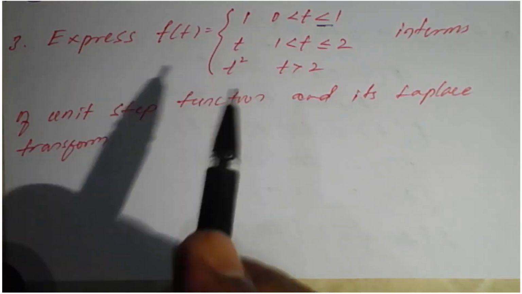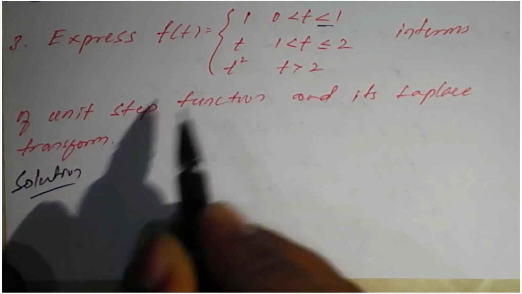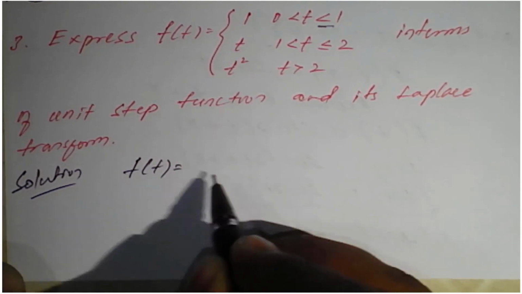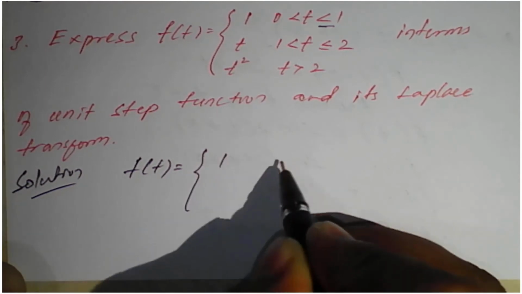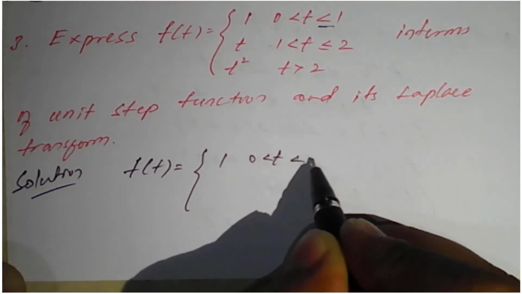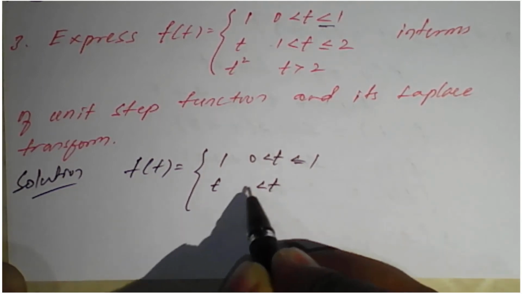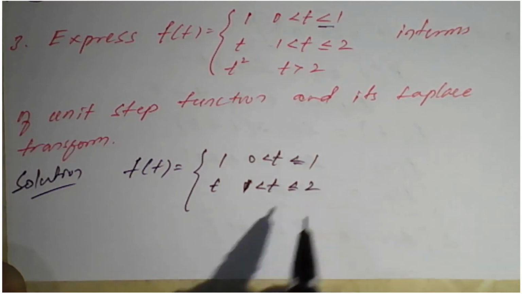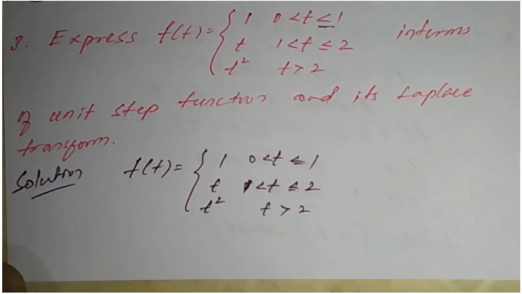So as per the given question, f of t is 1 for t greater than 0 and less than or equal to 1, t for t greater than 1 and less than or equal to 2, and t square where t is greater than 2.